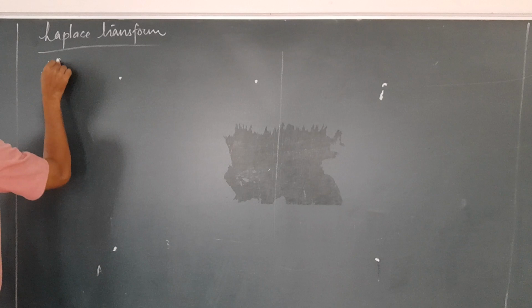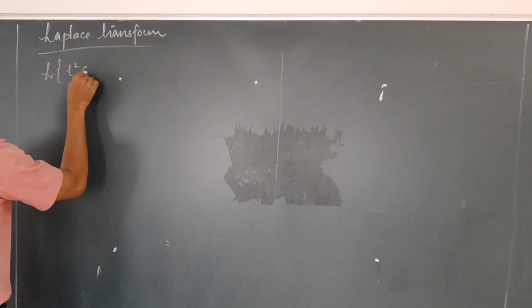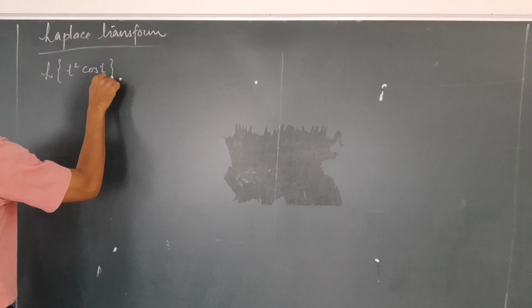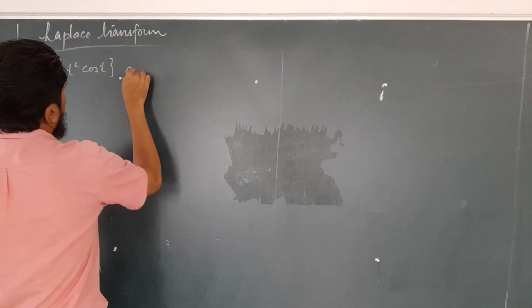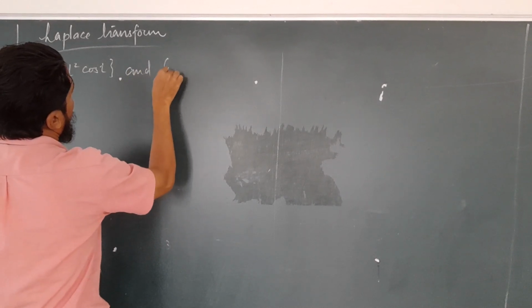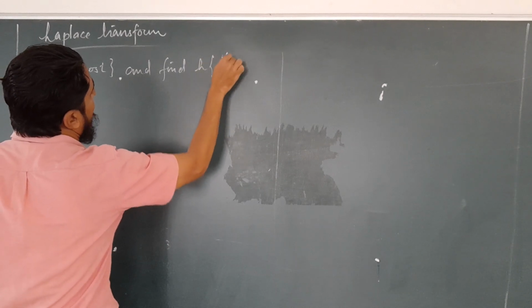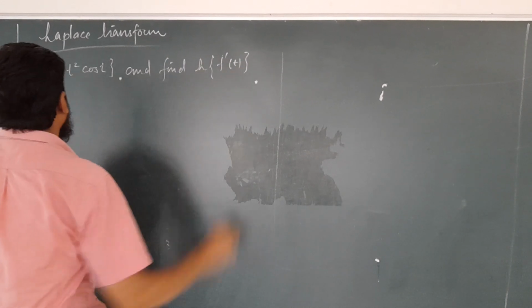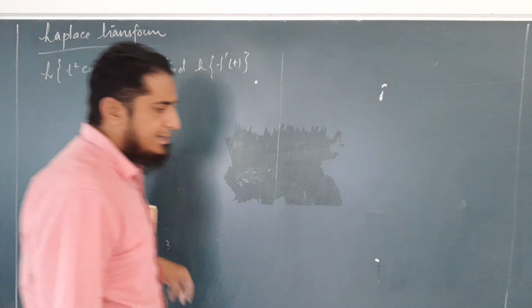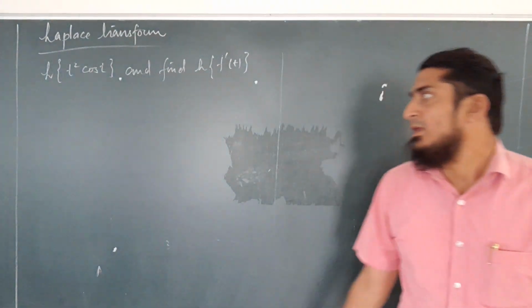We have to find the Laplace transform of t square cos t, that is, the Laplace transform of f of t, where f of t is t square cos t. Correct.